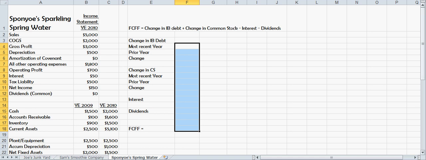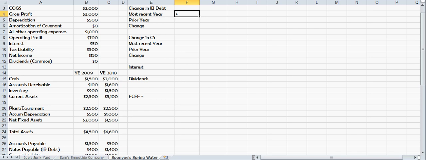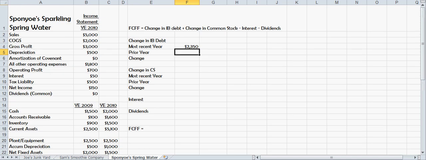Our interest-bearing debt is going to include both short-term notes payable and long-term debt. So for the most recent year, we're going to go down and pick up our notes payable of $1,400, and we're going to add in our long-term debt of $950 for a total of $2,350. Let's do that again for the prior year.